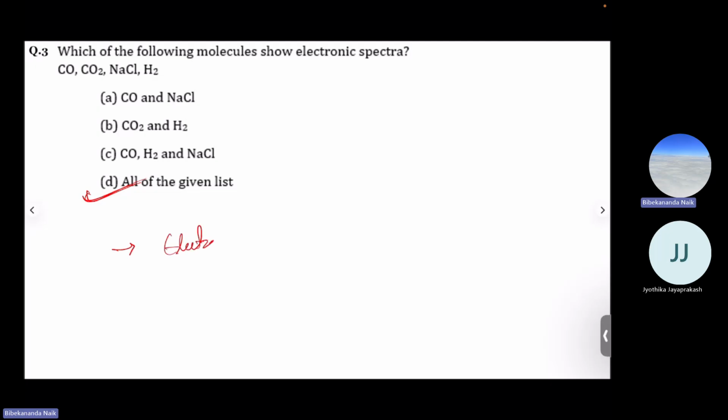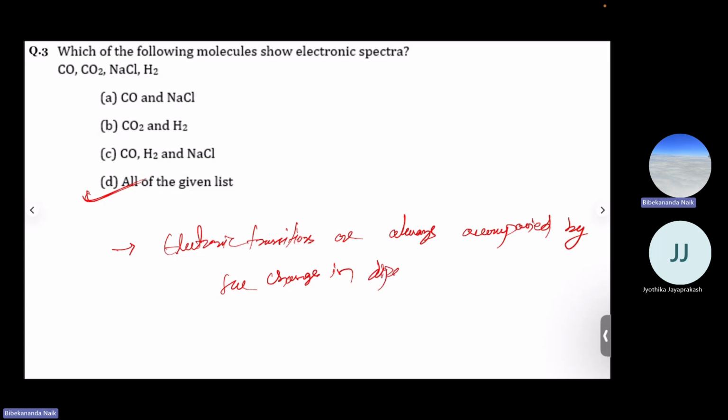Due to electronic transitions, electronic transitions are always accompanied by the change in dipole moments.